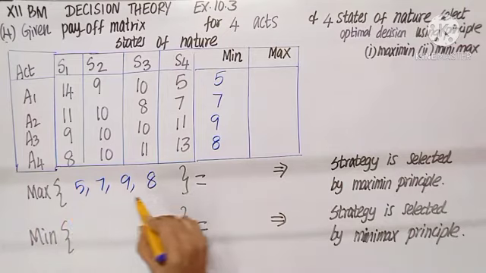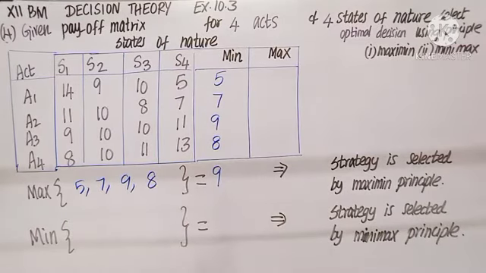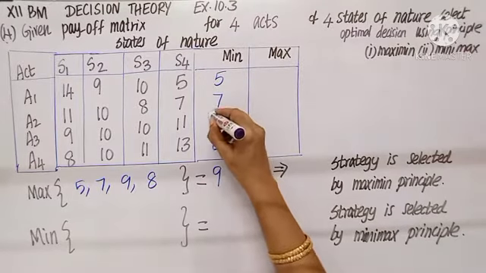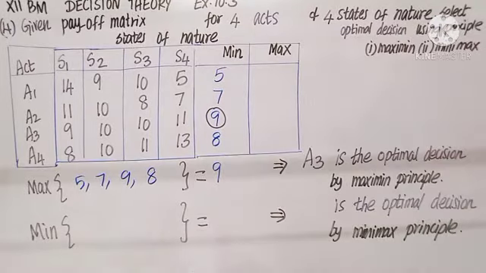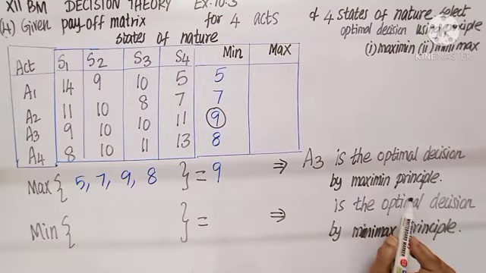So maximum of all this is 9, and 9 goes to A3. So we have to choose A3. Therefore, A3 is the optimal decision by maximin principle.